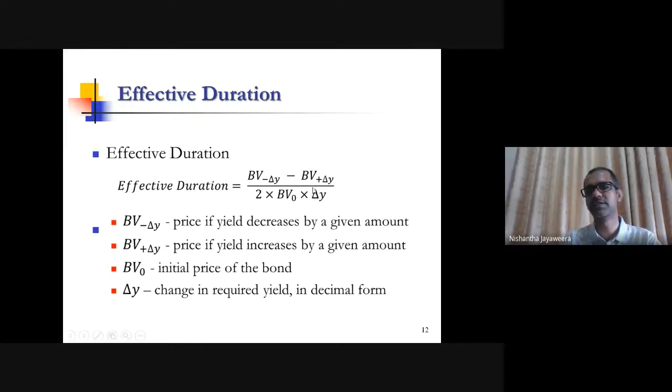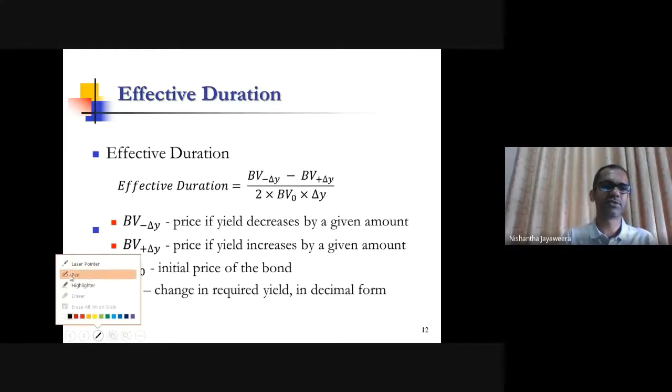This price is higher than the other, because when yield decreases, price increases. So we take that difference and divide by the price and by 2 times the yield change.